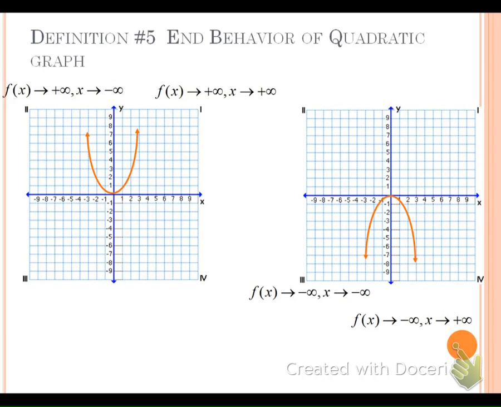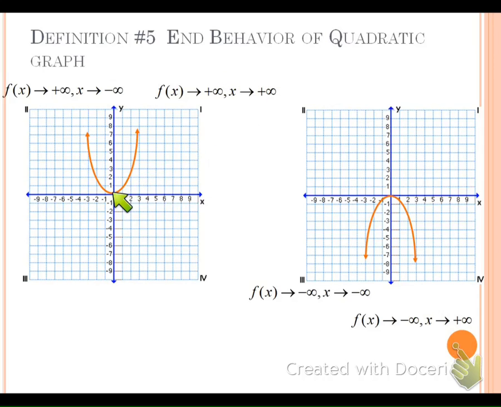Okay, here are some quadratics. We spent all last chapter graphing these, so hopefully you have some idea about what happens to their ends. This is saying f of x approaches infinity as x approaches negative infinity, and f of x approaches infinity as x approaches infinity.